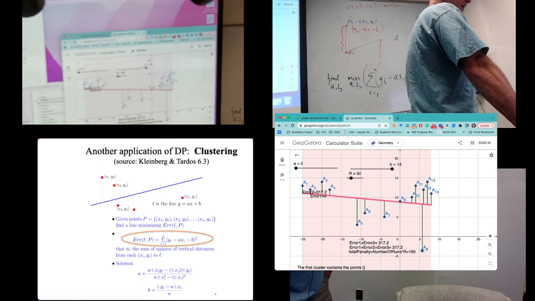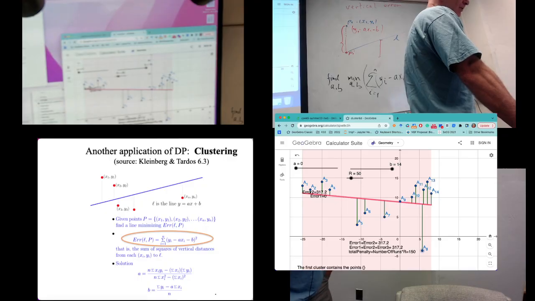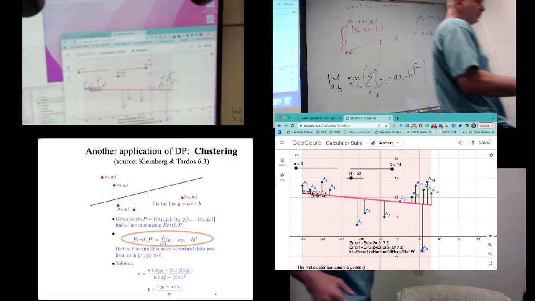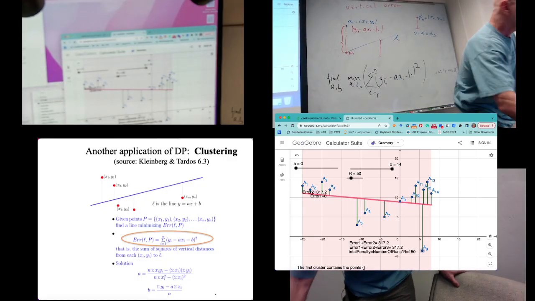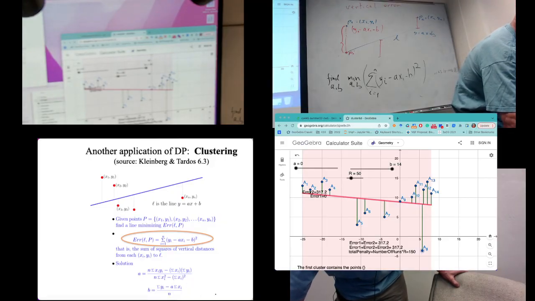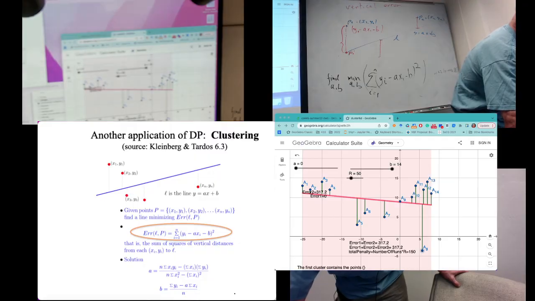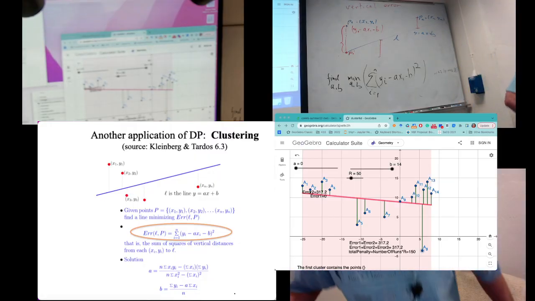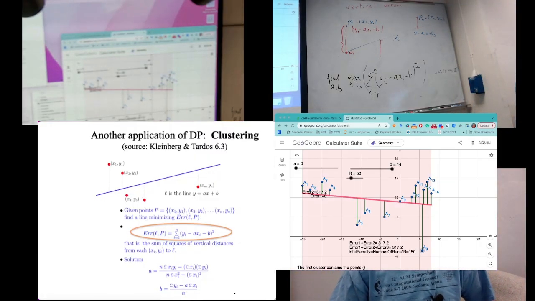Let's ask what is the problem that we are trying to solve. In general, I'll show it with a mouse, because GeoGebra does recall the line. From now on, I'll just tell you that if I have a set of points, capital P is a set of points.